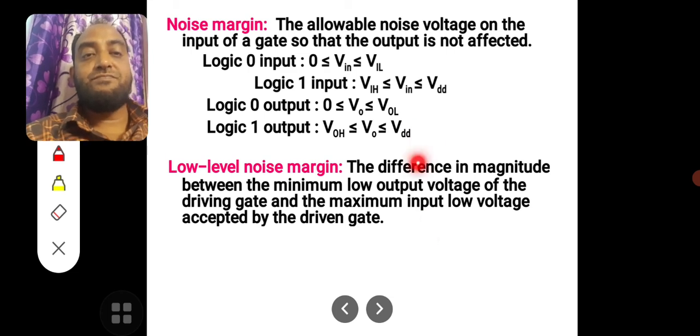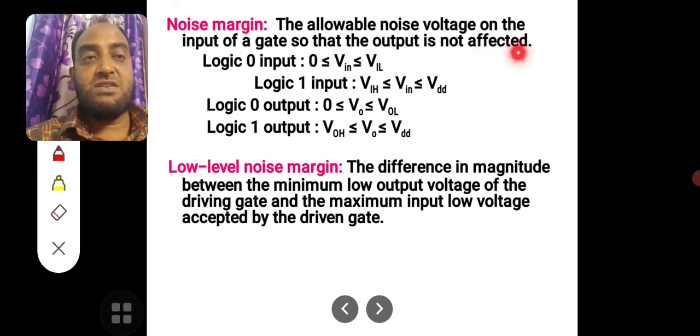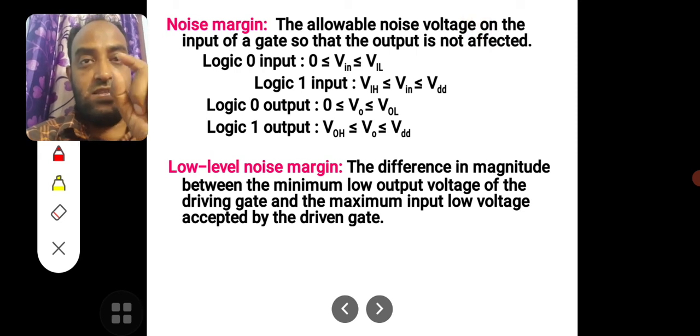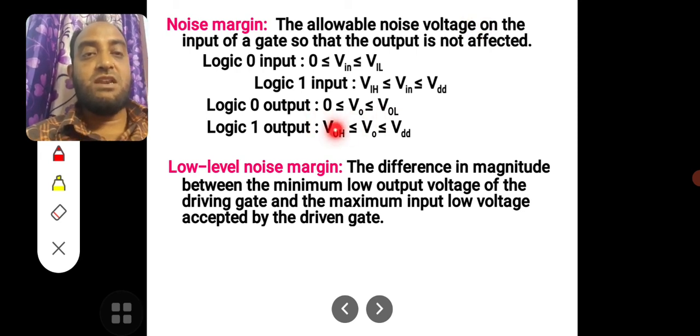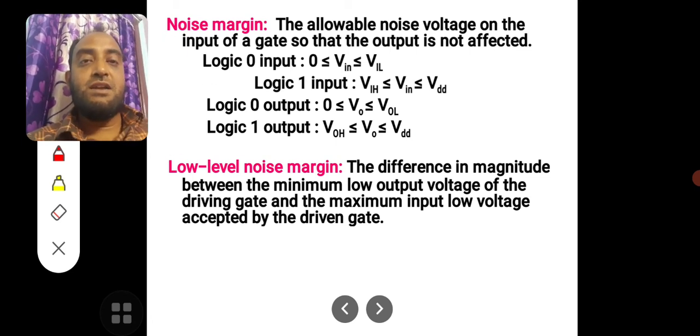On the output vertical axis, 0 to VOL is treated as output 0, and VOH to VDD, which is a very small margin, is treated as logic 1. I think it is clear now.